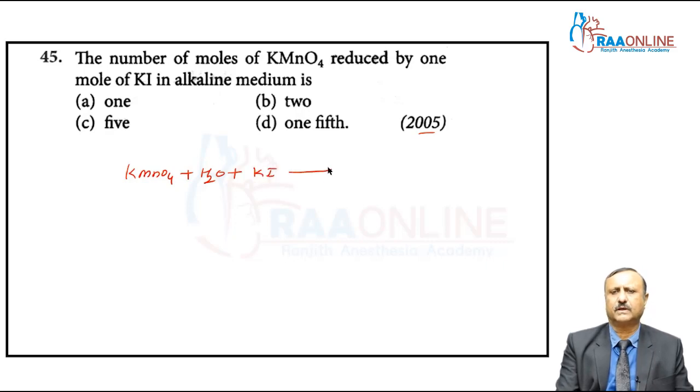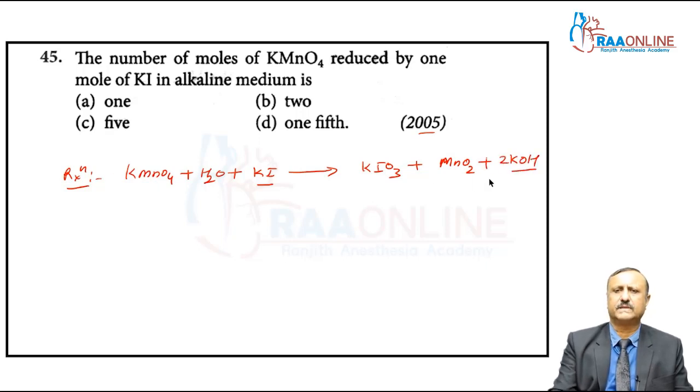So, you can use this equation, and this reaction was also given by me before, in question 41 or 42. Now, you can see that the reaction is the same. Potassium iodide is converted to potassium iodate, plus you can get MnO2, plus you can get 2KOH.